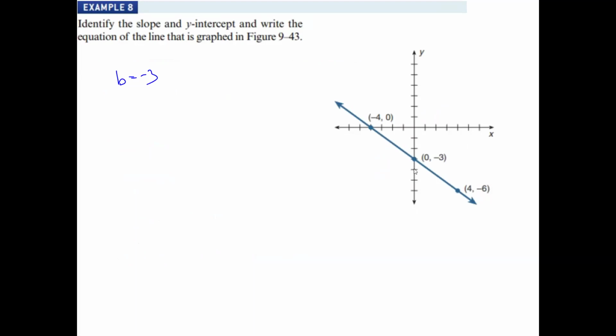Or I can go 3 down, 1, 2, 3, 4 to the right. So that's the slope. Equation: y equals minus 3 over 4 x minus 3. Are we good? Any questions? Okay.